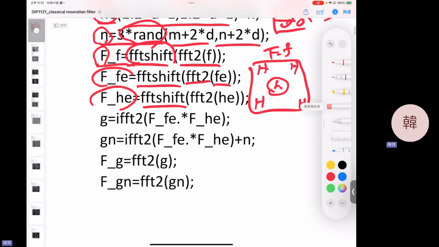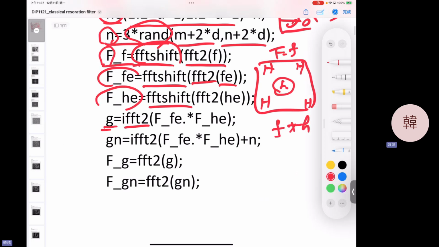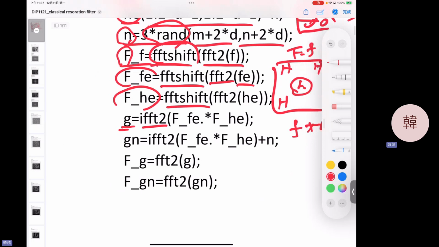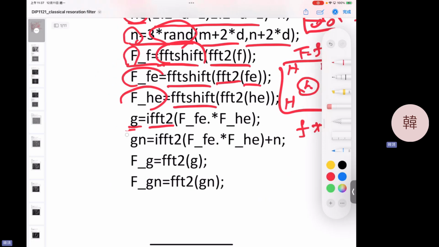So G, if you want to go back and look at it, what's the G? G is F convolved with H. Can you get a G if you only have noise?